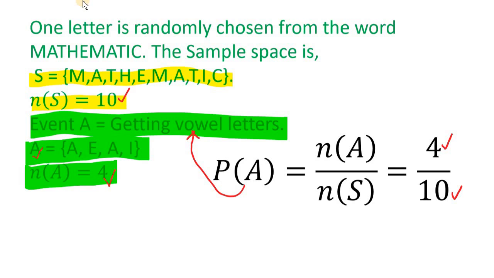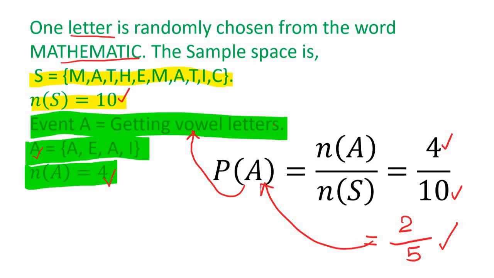Don't forget to simplify your fraction. So this will give you the simplest fraction, 2 over 5. So there is 2 over 5 probability to get a vowel letter when I choose a letter from the word mathematics.